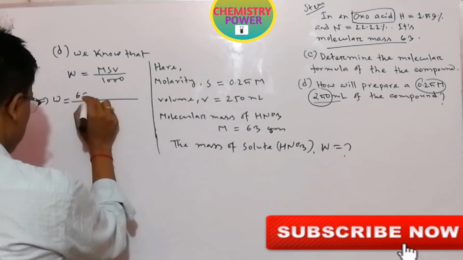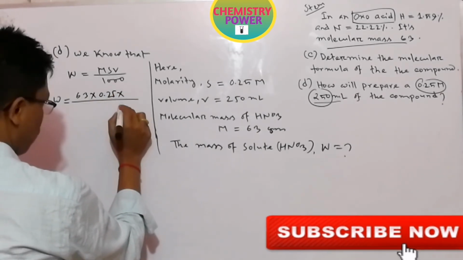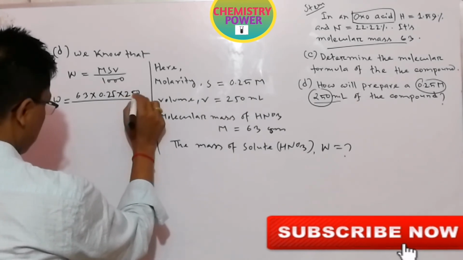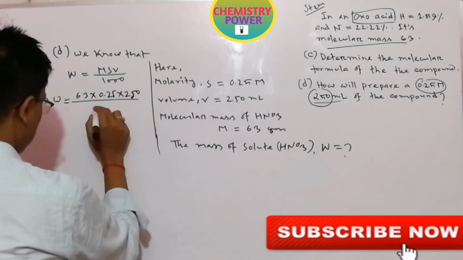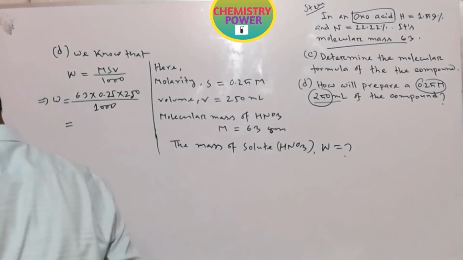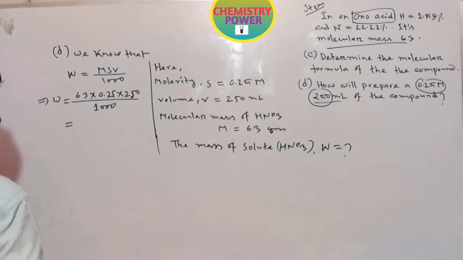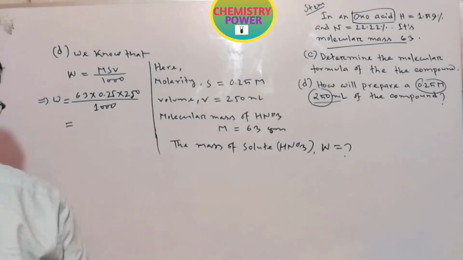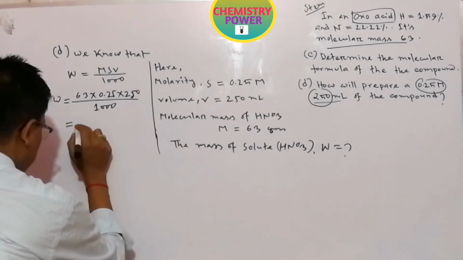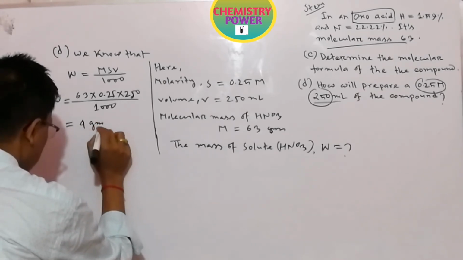M, 63, is 0.25. Here the value of W is 4 gram.